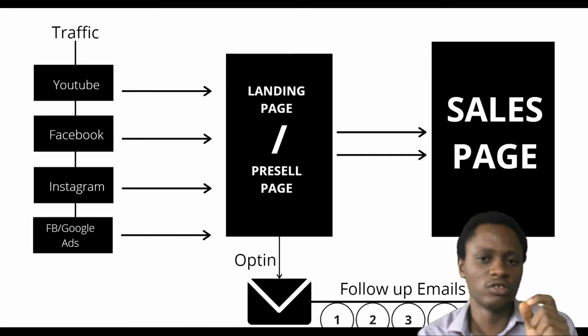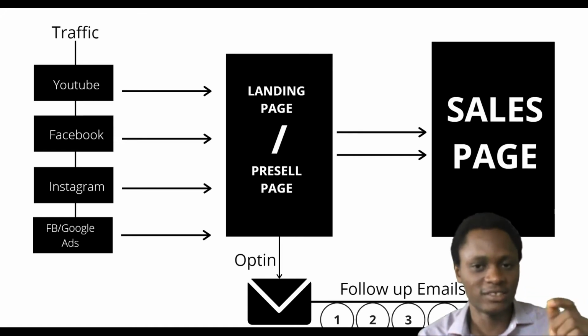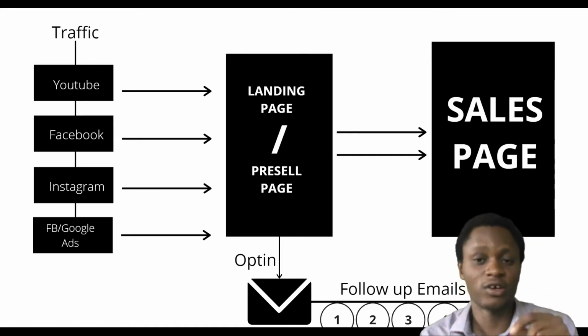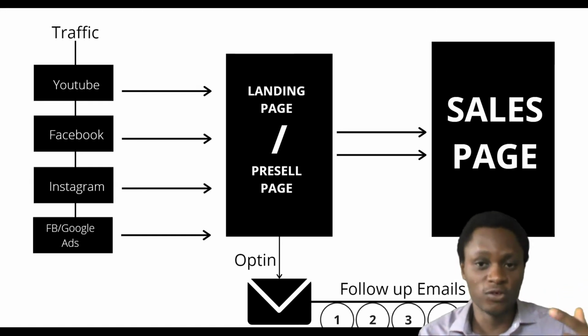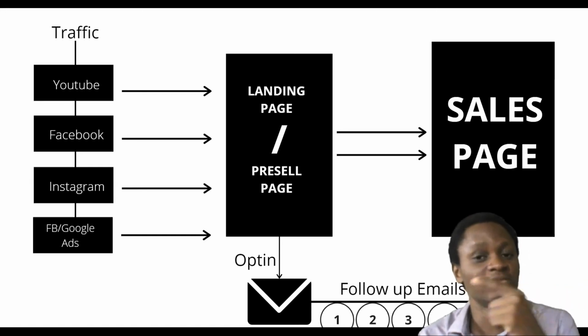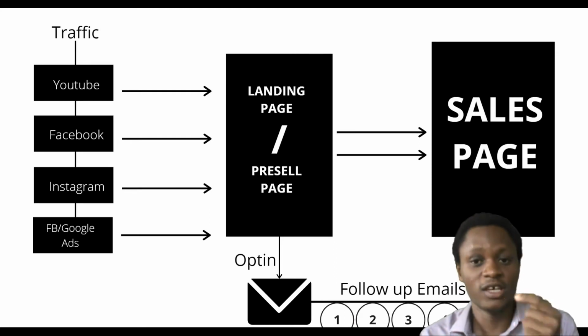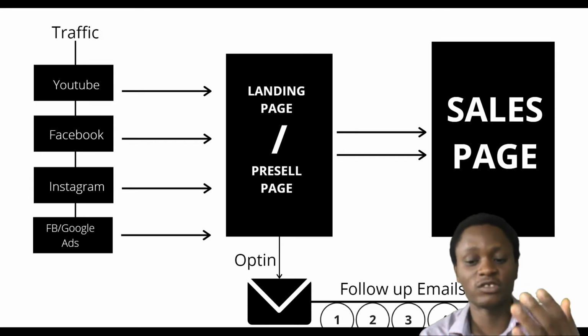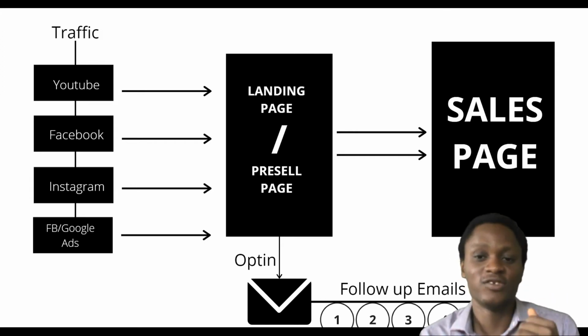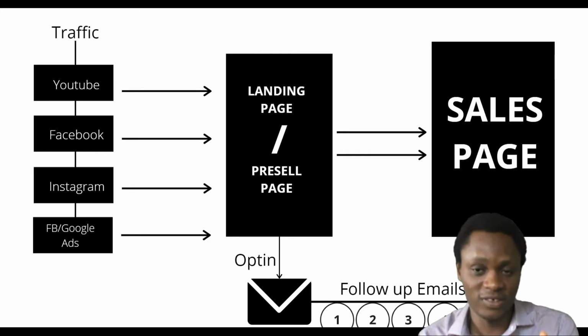You are not necessarily going to put your affiliate link directly, sending them to the sales page, because if you send them to the sales page and they don't buy, there are things that you need to know. If the person eventually doesn't buy, you don't want to lose contact with the visitor that you've sent.